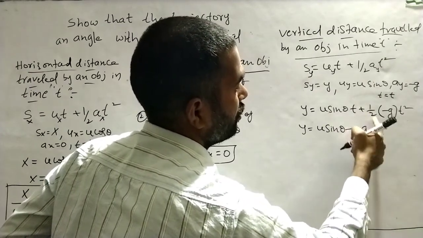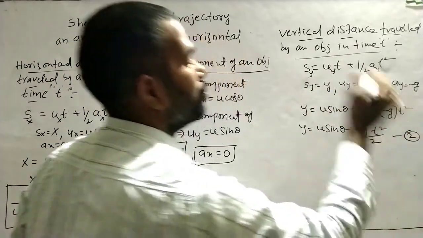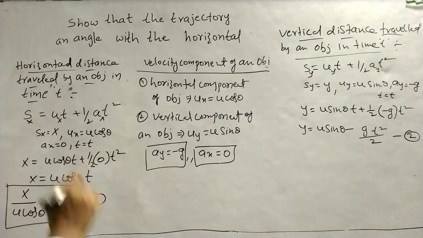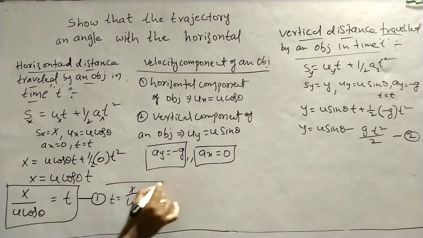So y equal to u sin theta t minus 1 by 2 g t square. This is equation 2.